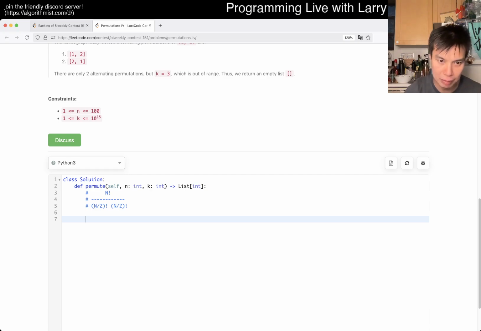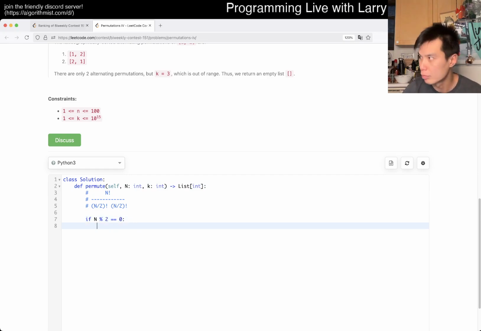I mean, maybe it's not that bad, honestly. Okay, so if this is even, then we want just n factorial squared.